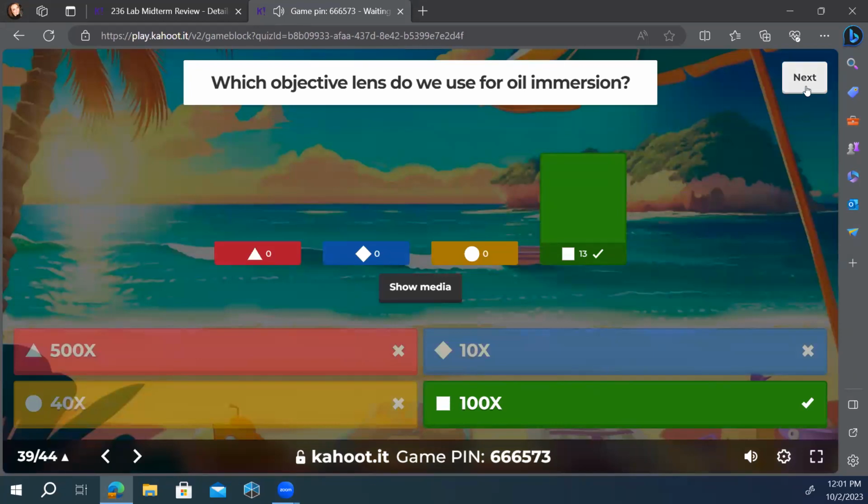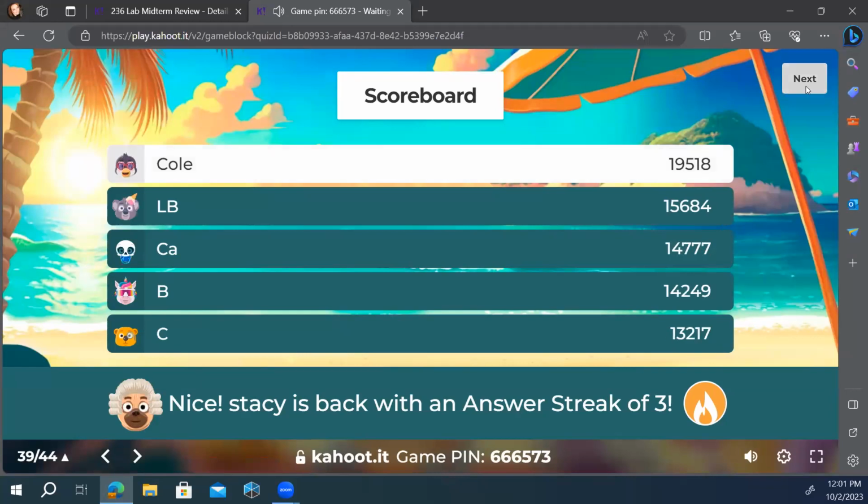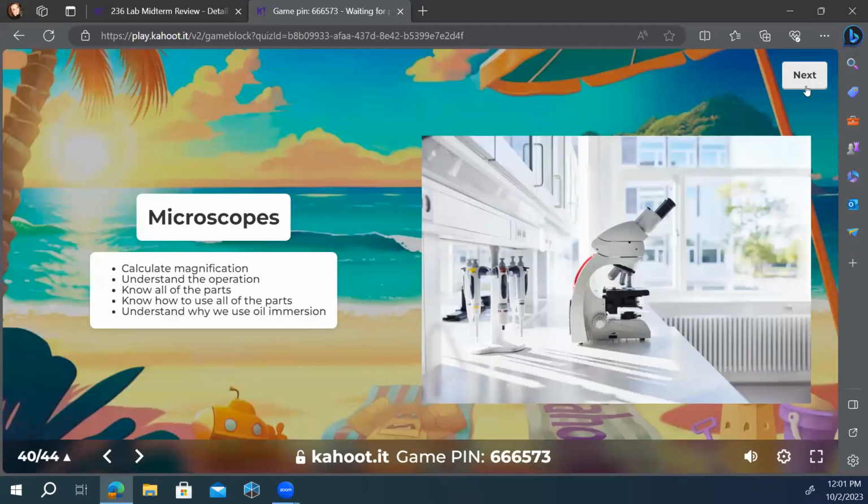Yeah, good job. All right, so you want to be able to calculate magnification, understand how the microscope operates, know the parts. There will be a microscope with at least one part labeled that you will be asked about: what it is called and what it does. Then understand why we use oil immersion.